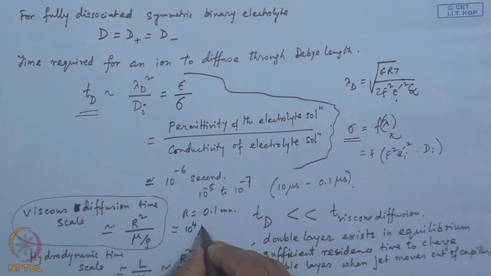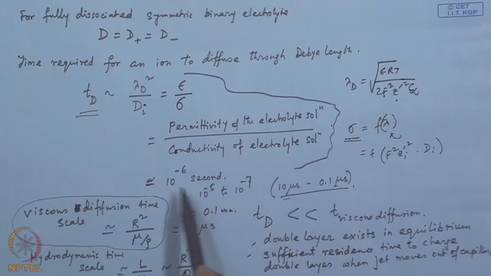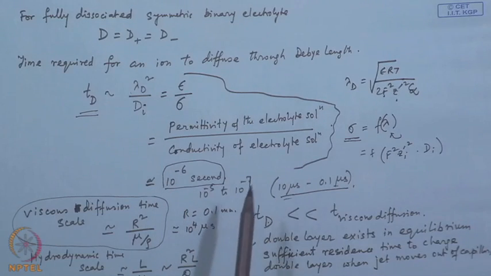So we were looking at 10 to 0.1 or maybe 1 microsecond, 10 to the power minus 6 second, for the time required for an ion to diffuse, whereas the viscous time scale is much higher.